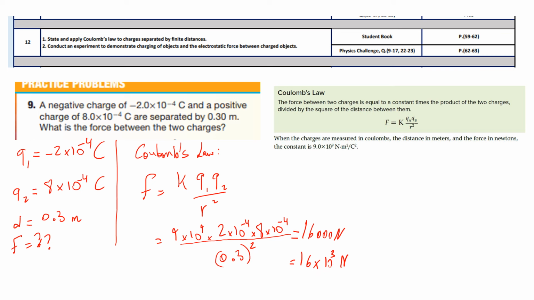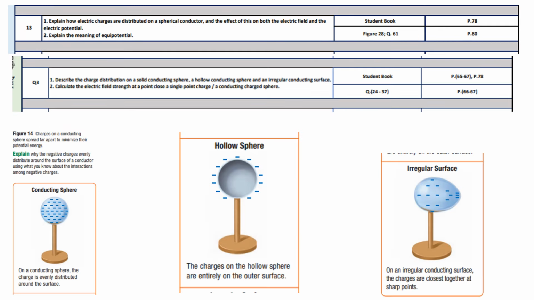That's a quick application on Coulomb's law. Here I guess point number 13 and question 3 are discussing the same idea, the distribution of charges in a metal. So explain how electric charge is distributed on a sphere's conductor and the effect of this on both electric field and electric potential.